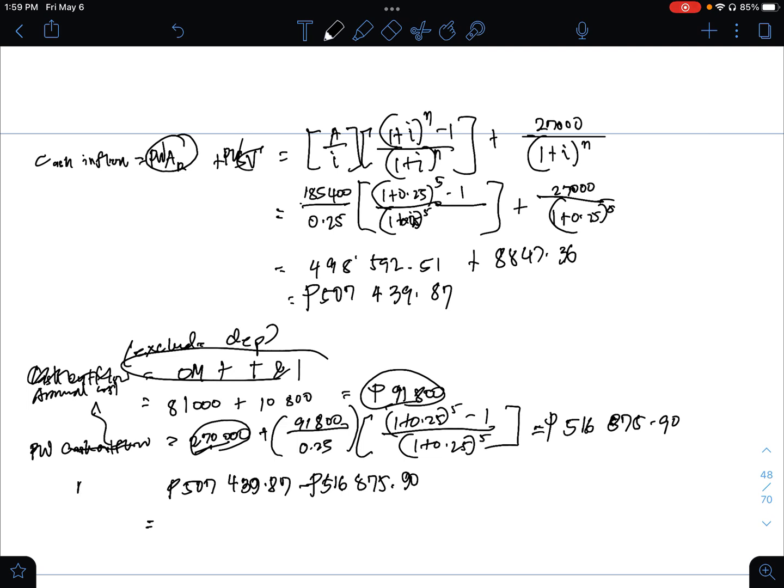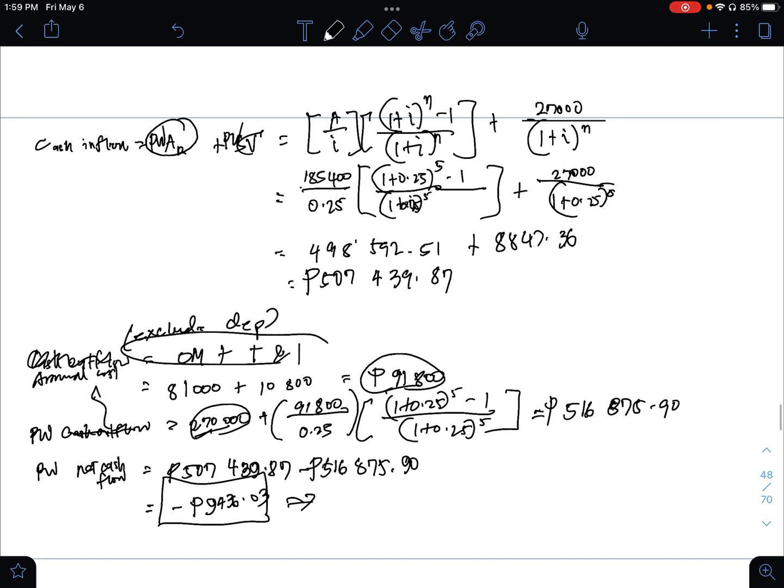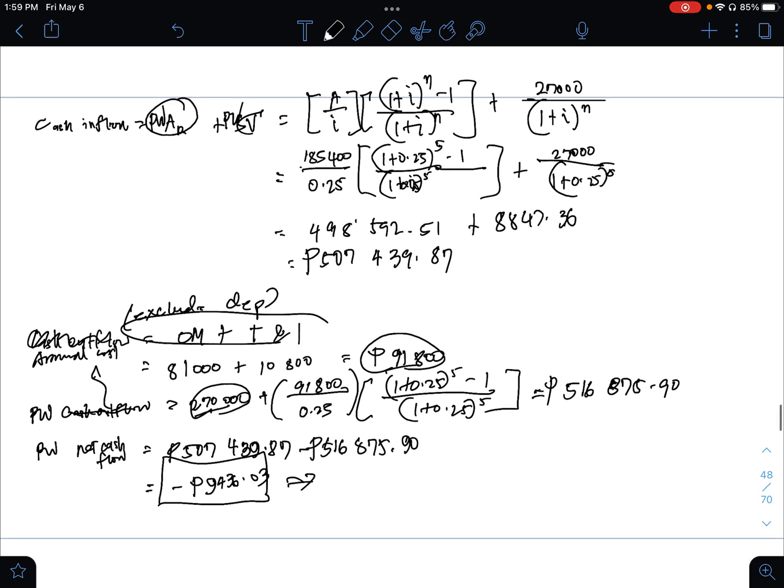So, ang net cash flow, the present worth of the net cash flow equals negative 9,436.03. Again, class, the negative here indicates that this isn't desirable.